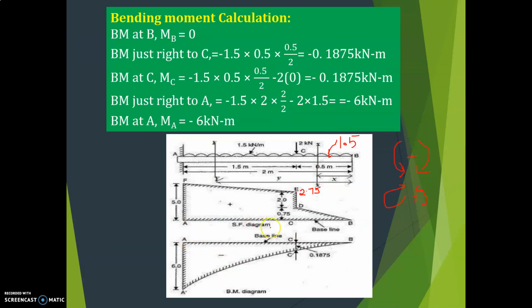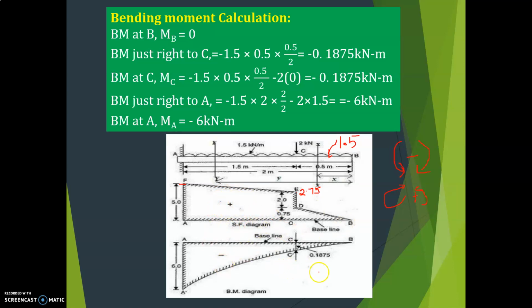So just draw here 2.75 to 5. Then at A, that is also 5. Till here it is 5. So 0 to 0.75, 0.75 to 2.75, 2.75 to 5, then at A it is 5. So all are positive values. So this is plus. Okay, this is the shear force diagram.